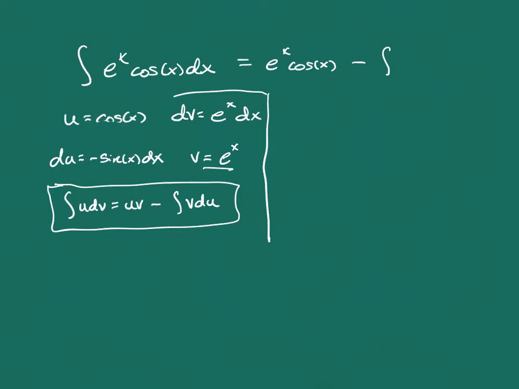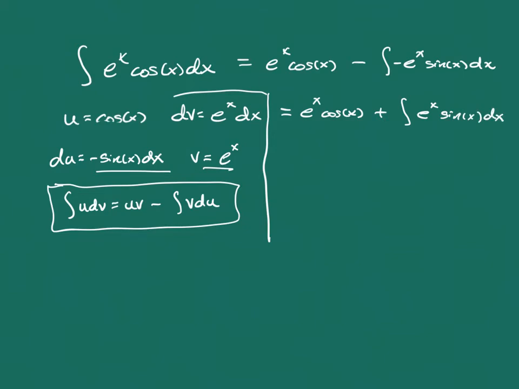With v and du, that gives us minus e to the x sine of x dx. Simplifying a little bit, we have e to the x cosine of x, and the minus and the minus just becomes a plus, the integral of e to the x sine of x dx.